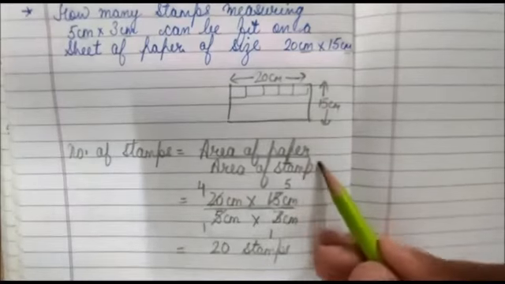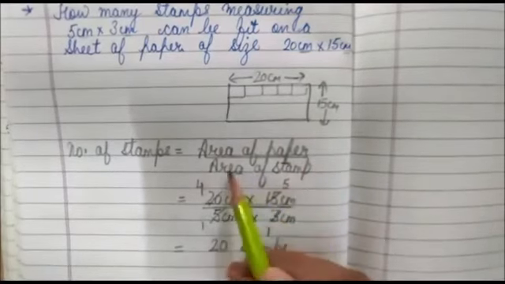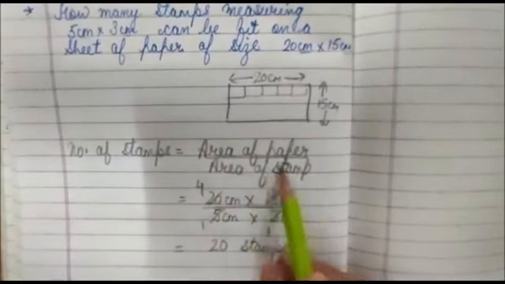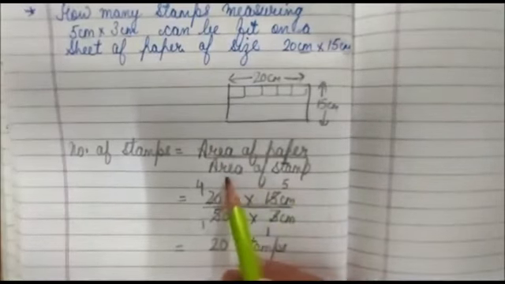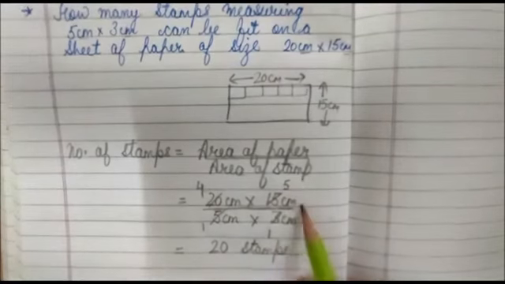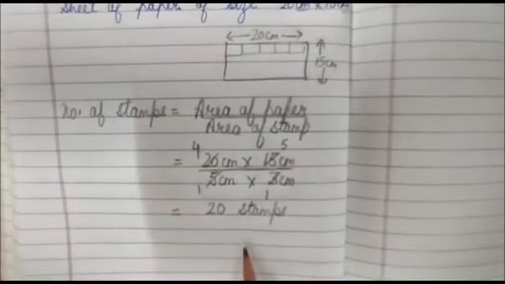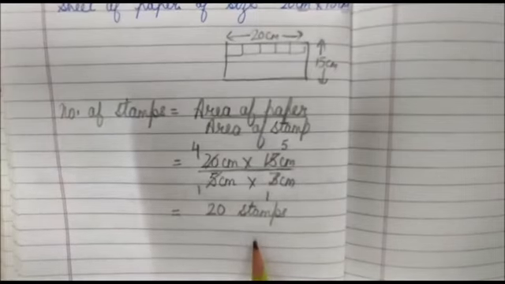So you have to divide the bigger area with the smaller area. Like here, the paper area will be on the top and the stamp area will be in the denominator. So we have just put the values, done our cuttings and get our answer. This question is very, very important and it's very interesting also.